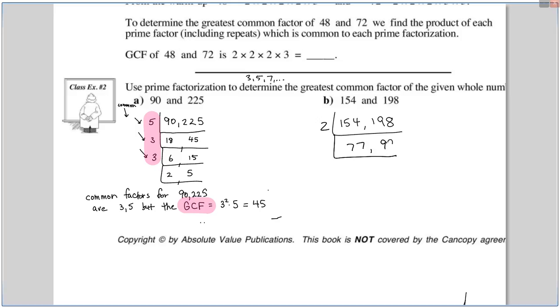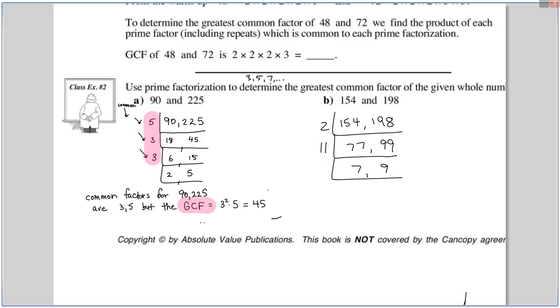77 and 99. Now 77 and 99, these ones should be jumping out at you because they repeat. They divide by the prime number, that is 11. 11, and then you get 7 and 9. So 7 is prime, so you definitely have nothing in common with 9.